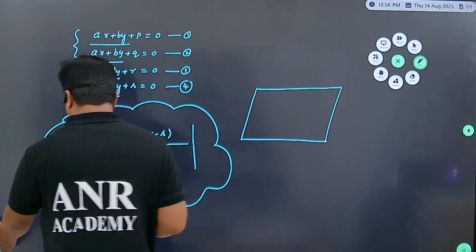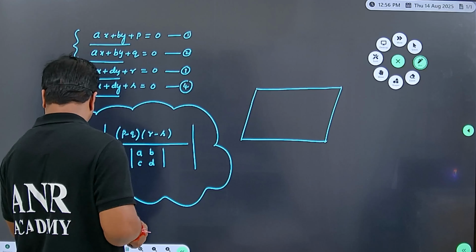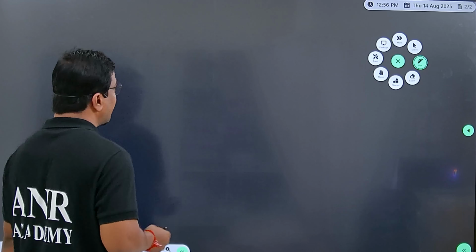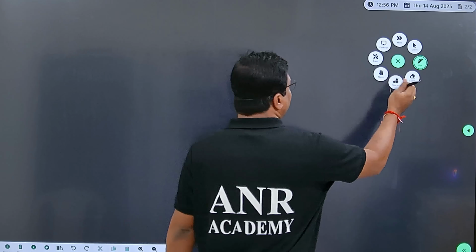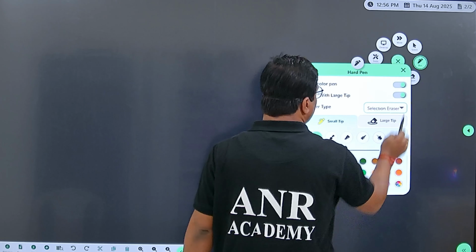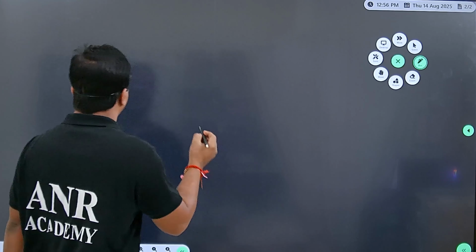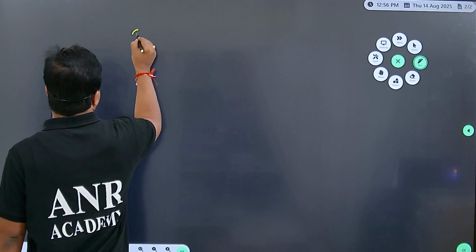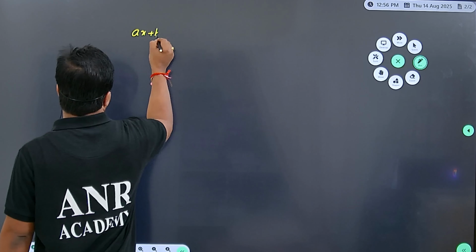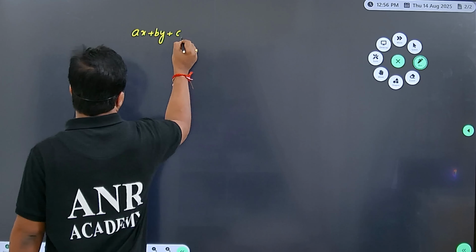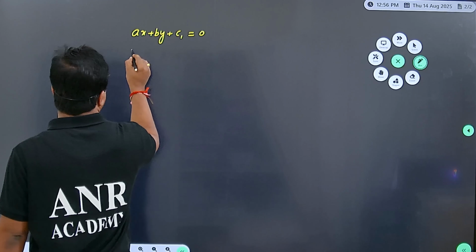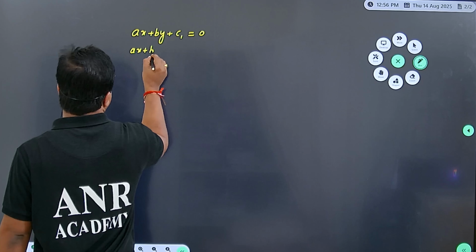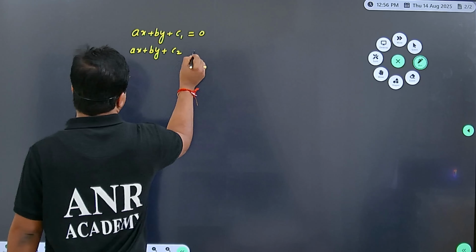See, suppose that the two lines are parallel lines, ax plus by plus c1 equal to 0, ax plus by plus c2 equal to 0.